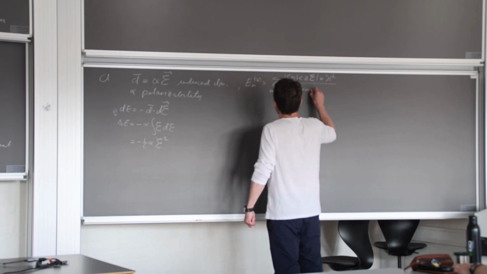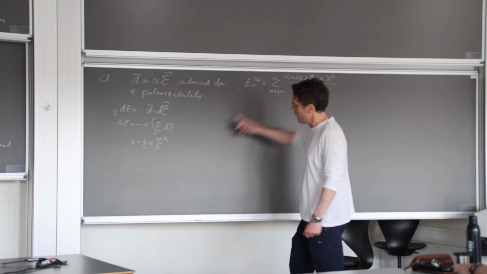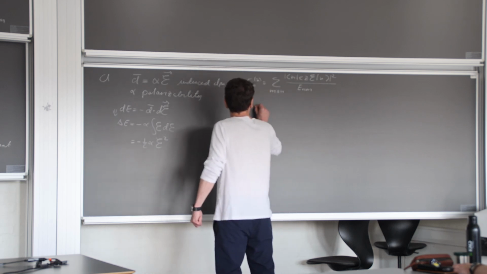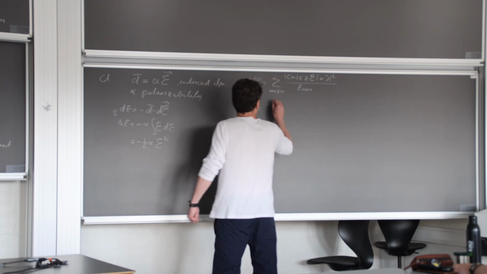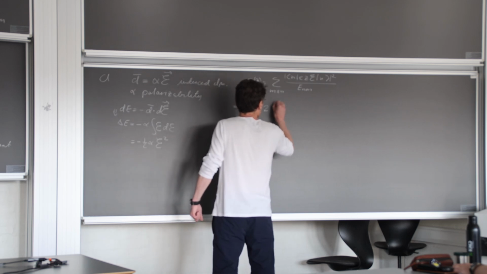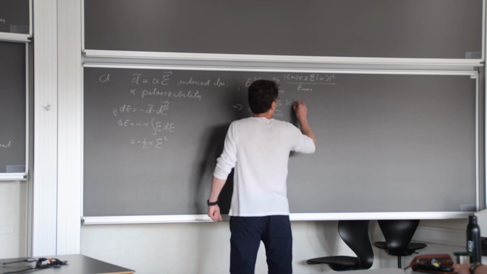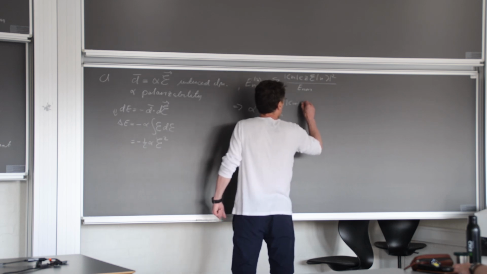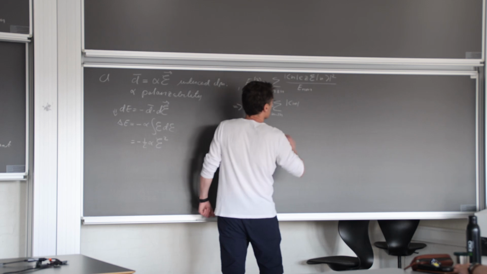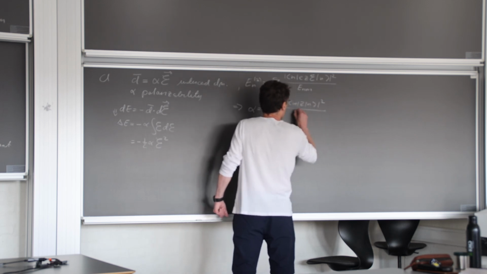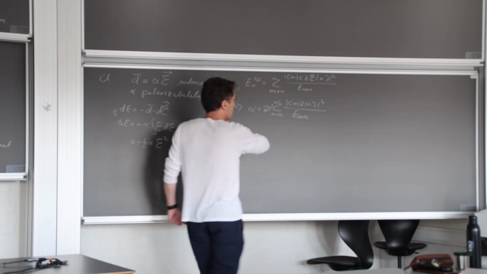So if I compare those two here, what I see is that the polarizability is just twice the sum over m different from 0, where I can pull a factor of e squared out, of the matrix element squared, and then let me write this as Em minus En.